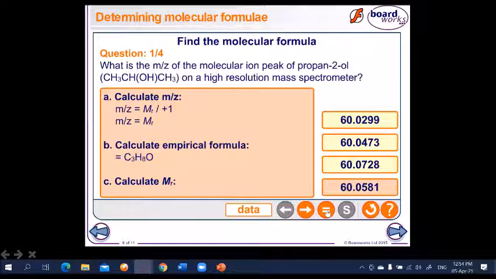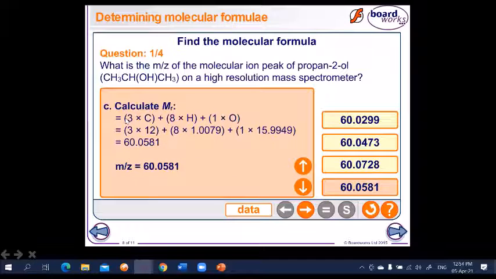Now we calculate Mr: 3 times carbon plus 8 times hydrogen plus 1 times oxygen. This is using, of course, your atomic masses from the periodic table, and you get overall 60.0581. And then that's your m/z here. So that's it. That's so easy.